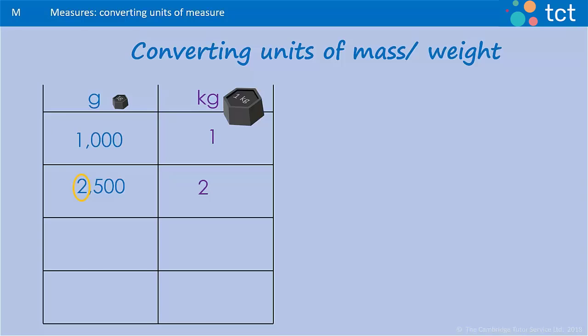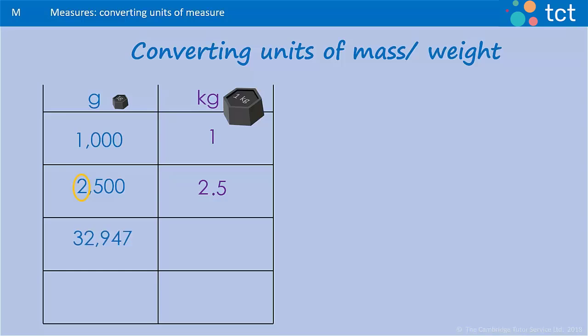If we're converting that to kilograms, we would put a decimal point, and that 500 grams goes after the decimal point because it's not a whole kilogram. And if you've already covered decimal numbers, you will know that that's the same as just 2.5. So 2,500 grams is the same as 2.5 kilograms.